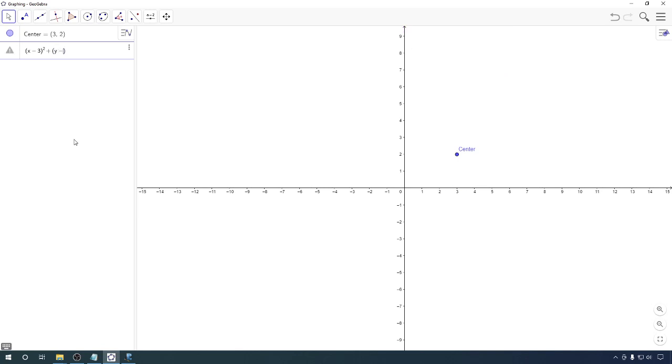Then I need to put y minus my y value. My y value is a 2. That's the k from our equation from before. I'm going to square that as well. And now, because I chose a radius of 5, I need to put 5 squared. Or I could go ahead and write in 25, because that's what 5 squared is.